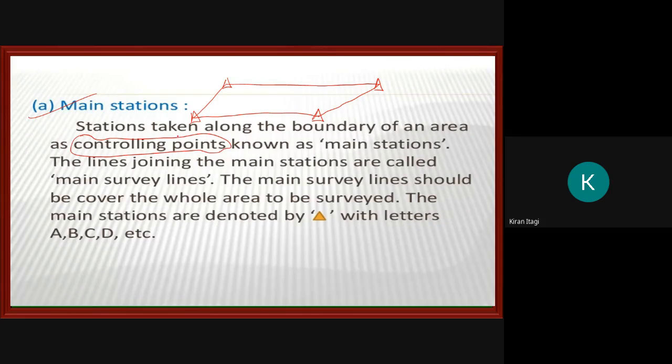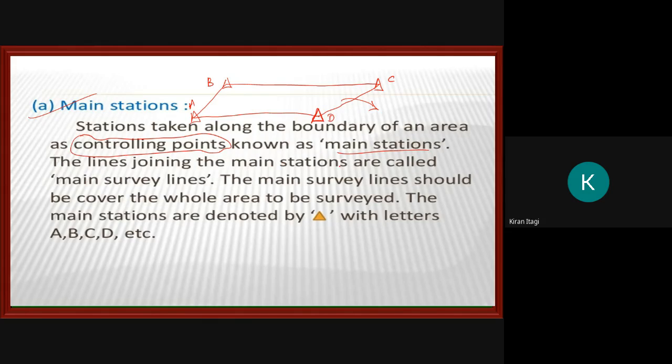If this is my plot, these stations are on our boundary line, and these are our control points. You can't go beyond the line, which is guided by these main stations. These controlling points are known as main stations.